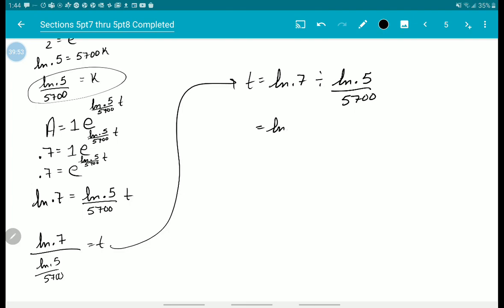And then if we do keep, change, flip, that will tell us what t is going to be. So we have the ln of 0.7 times 5,700 divided by the ln of 0.5. So this thing is approximately 2,933 years old.